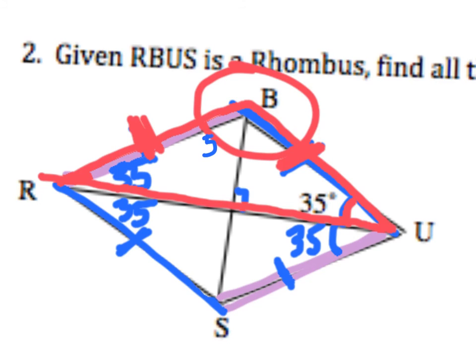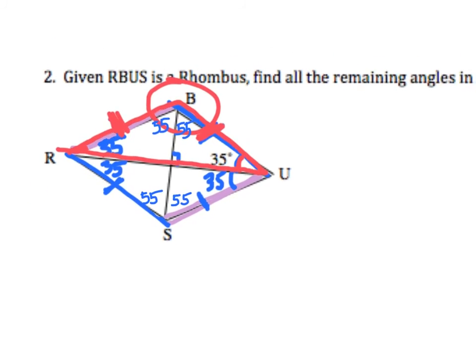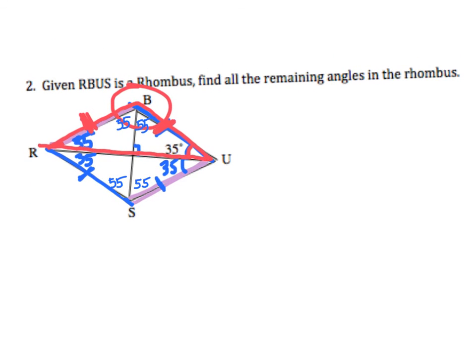So each side is going to be 55. And that's going to be the same thing for the bottom one down here. Okay, so again, piecing together information from your quadrilateral family tree. It is so important that you know that and can figure out the differences between the shapes and what properties they have.